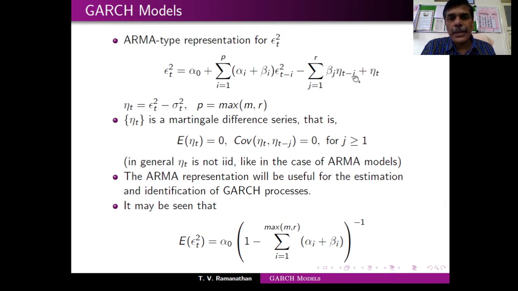Now if you look at this very carefully, it has a resemblance to an ARMA kind of structure. For example, this is observations, past values, and this is like errors, and these are past errors, and this is the current error. So this is exactly like an ARMA type representation.